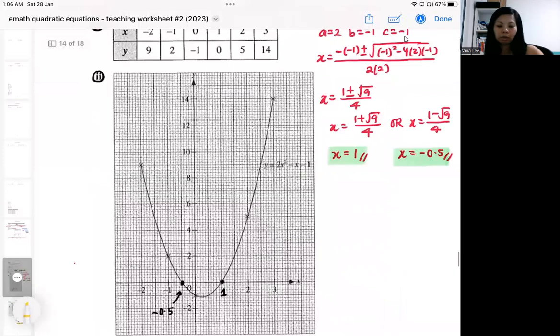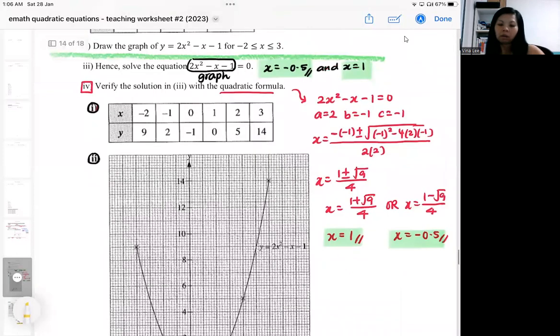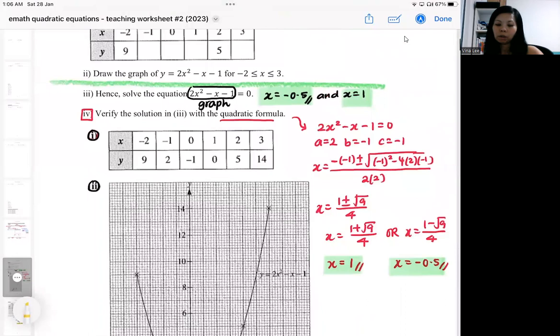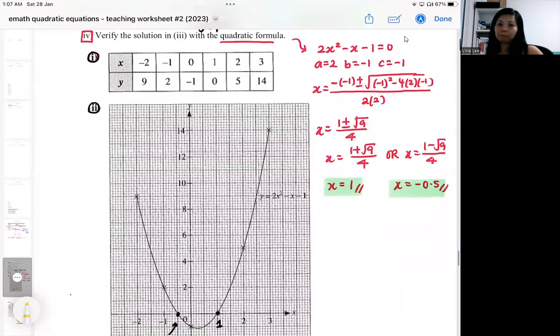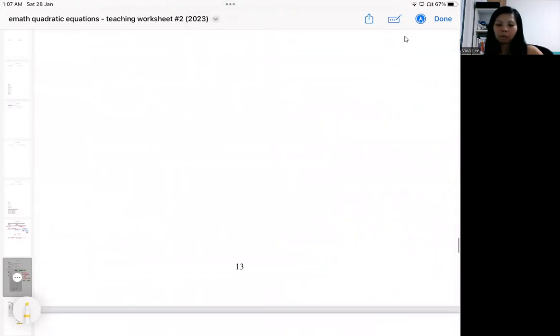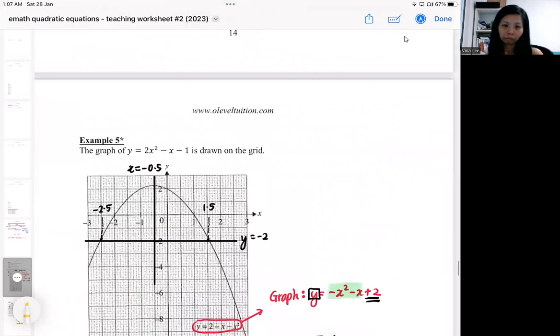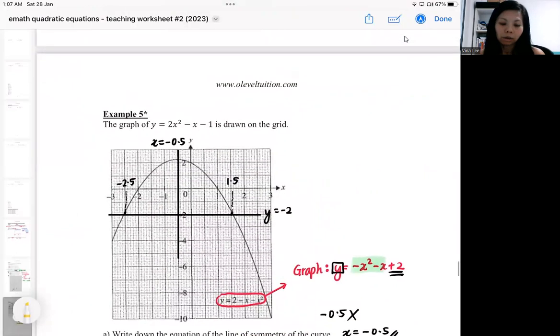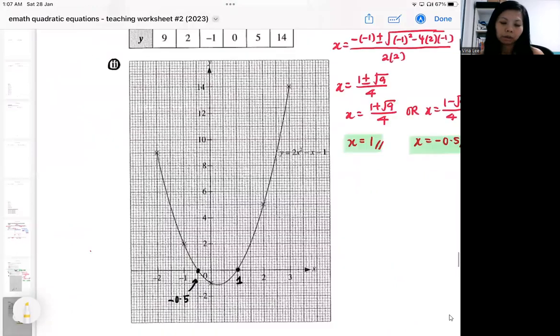Generically, if it's not so difficult, and the equation that you want to solve is the same as the graph, then you just get it from the x-intercept. This is a more difficult version. So that is the graphical method of a quadratic equation.